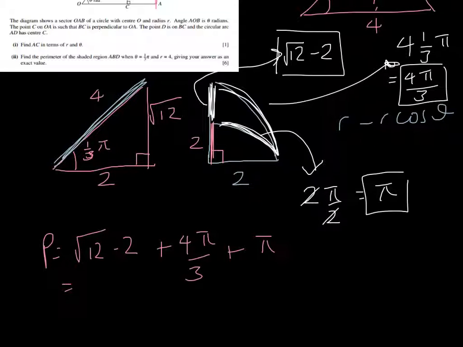So let's tidy up this 4 pi over 3 plus pi. They're both pi in terms of pi, so we should collect like terms. So that's 4/3 pi. This is going to be the same as 3 over 3 pi. So when I combine those together, I'm going to get 7 pi over 3.